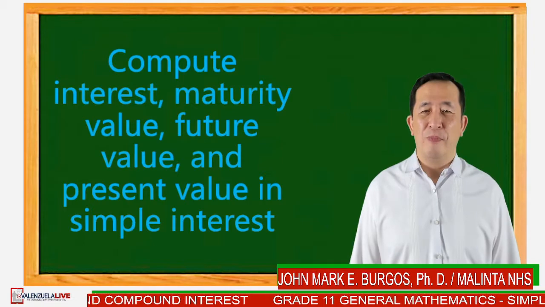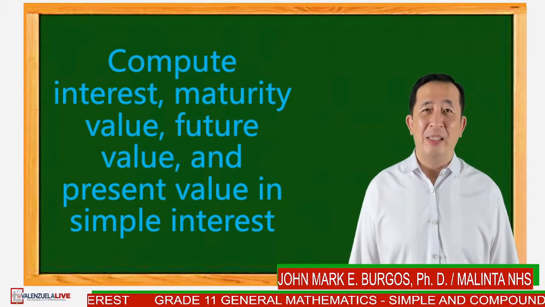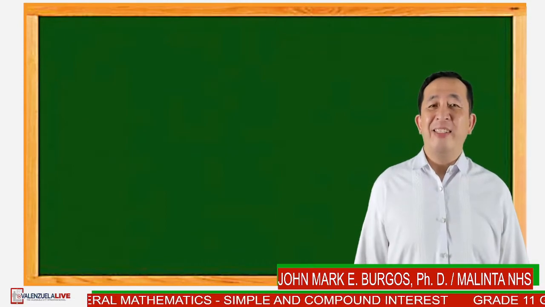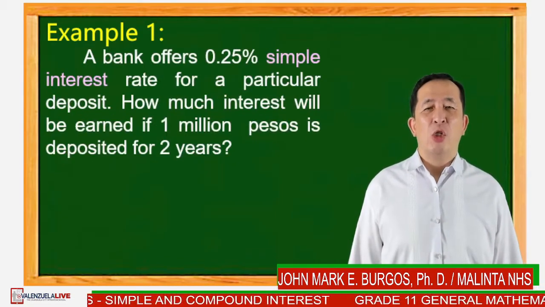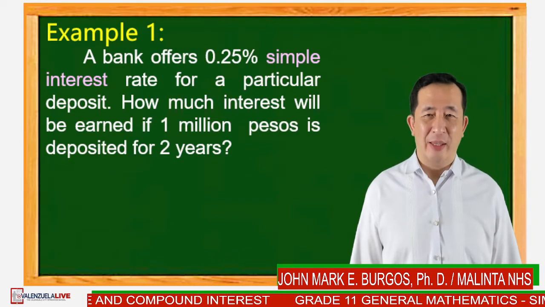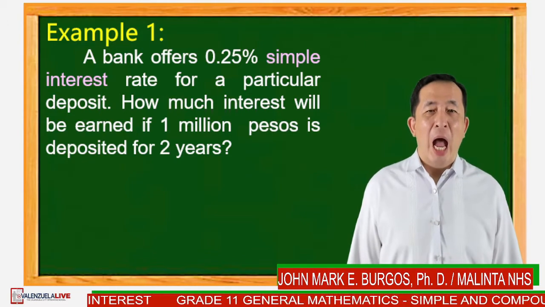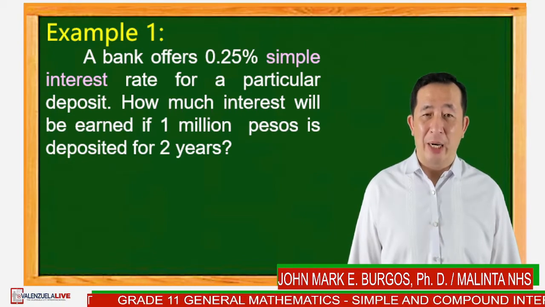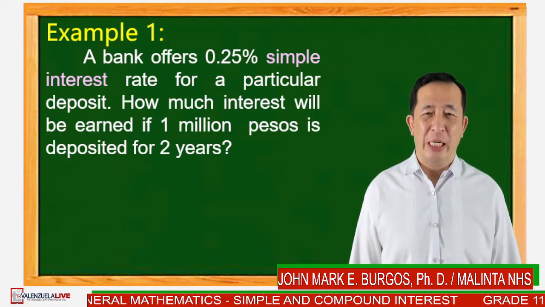Computing interest, maturity value, future value, and present value in simple interest. Let's have the first example. A bank offers 0.25% simple interest rate for a particular deposit. How much interest will be earned if 1 million pesos is deposited for 2 years?